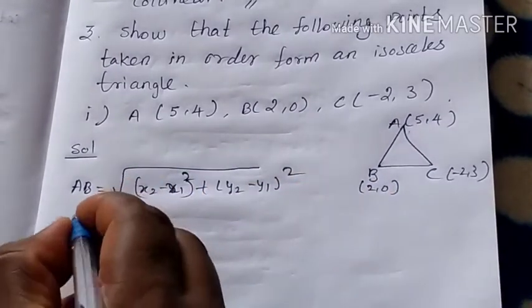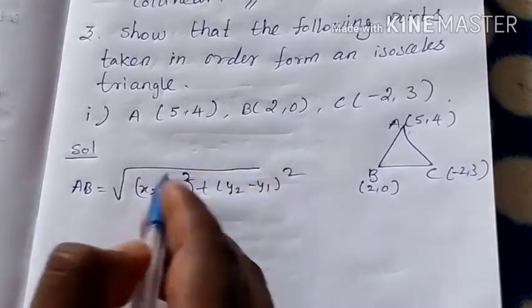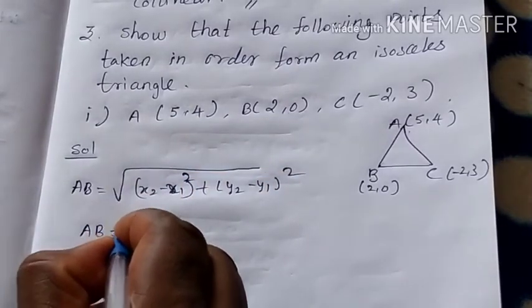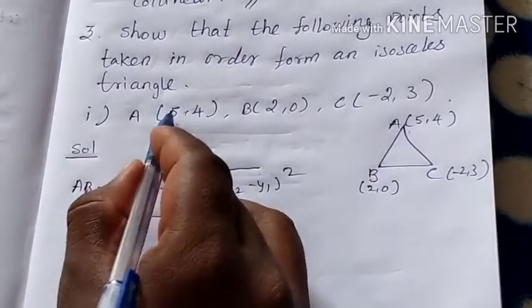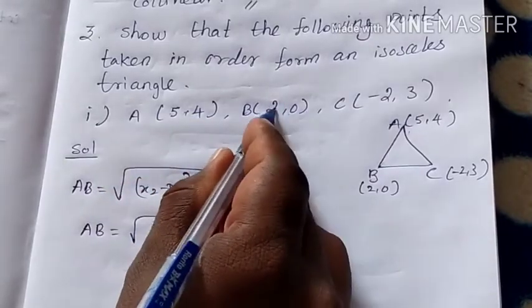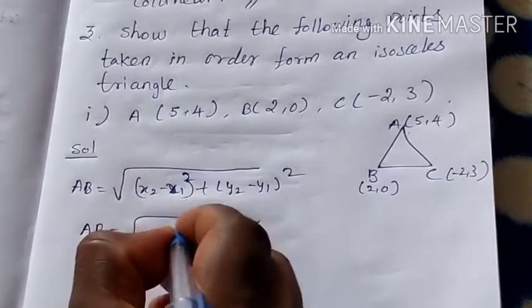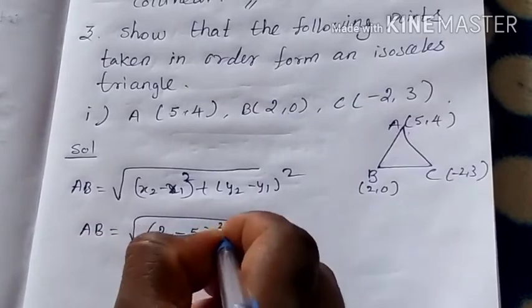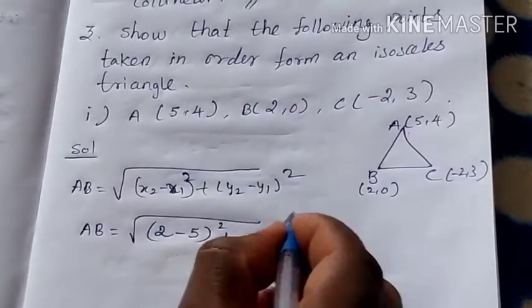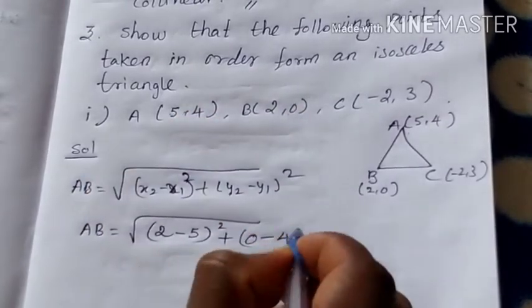First consider A and B. So AB is equal to the square root of x1 y1 x2 y2. So x2 value is 2 minus x1 is 5 the whole square plus y2 value is 0 minus y1 value is 4 the whole square.